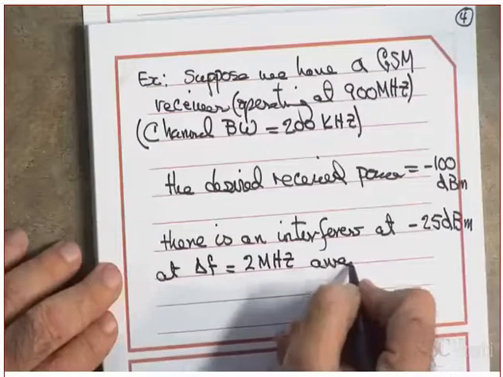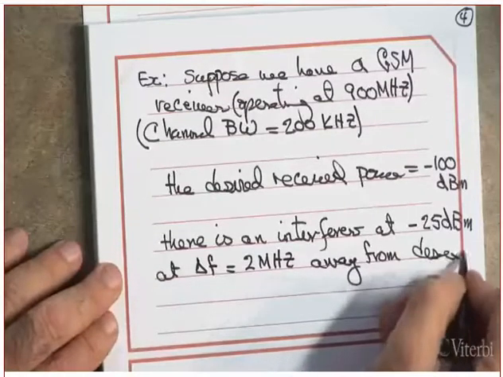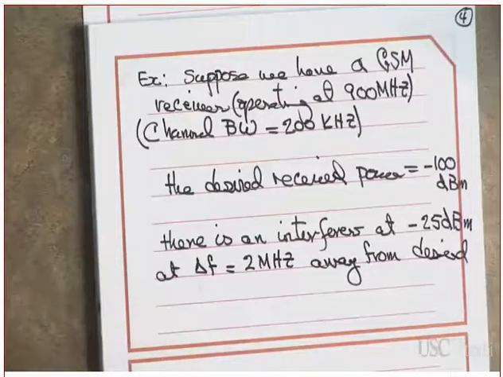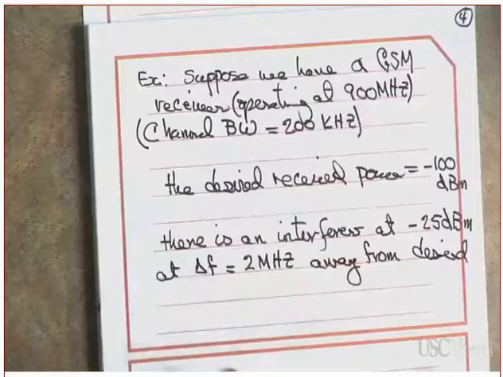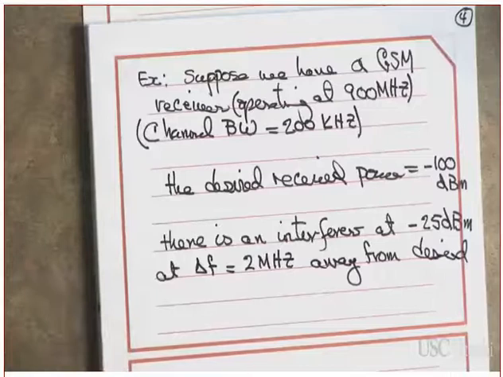Away from the desired. Which means the interferer is at what frequency? If the desired one is operating at 900 megahertz, this one is at 902 or 898. Did you get this or not?